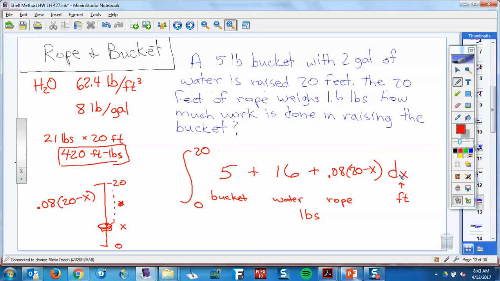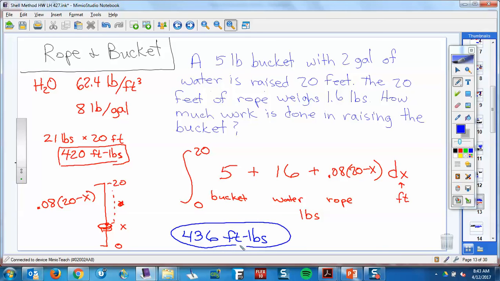Then I'm going to show you another way you could have done that. You got this equation, and it's probably going to be more helpful in the leaky bucket one. What do you get? 436. Exactly. Foot-pounds.